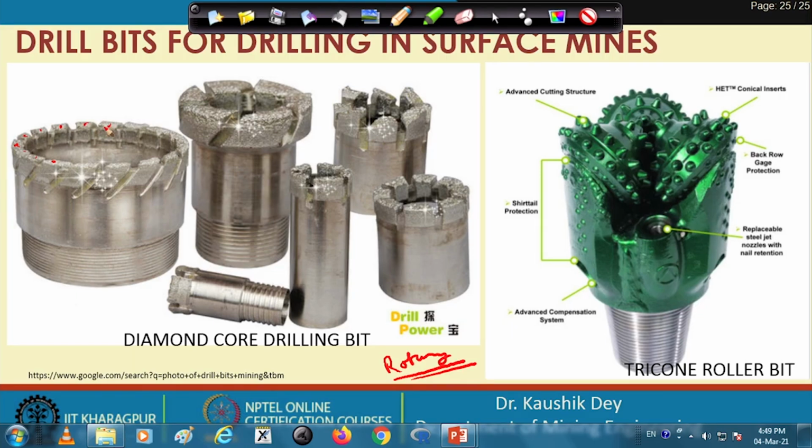So, when this is rotating, it is cutting the rock, or eroding the rock. This is a different way of placing the diamond in the mouth of the drill bit. This is one common rotary type of drill bit, but as diamond is precious, generally these are used for very special cases, because the price of these bits is very high.